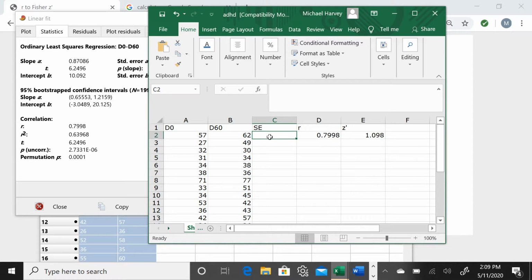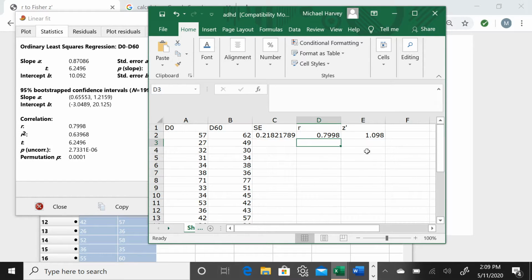Okay, remember the standard error is really easy. It's just equal to the square root of 1 over n minus 3. So 24 minus 3 is 21, right? Okay. So that should be the standard error.